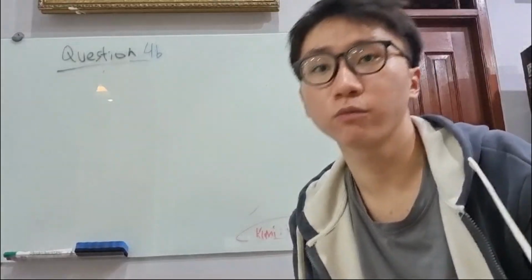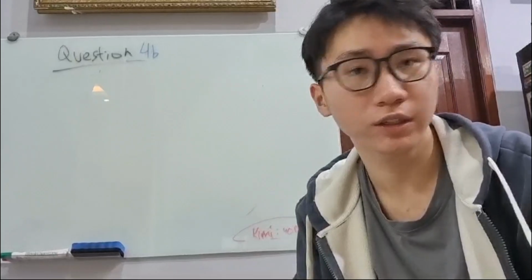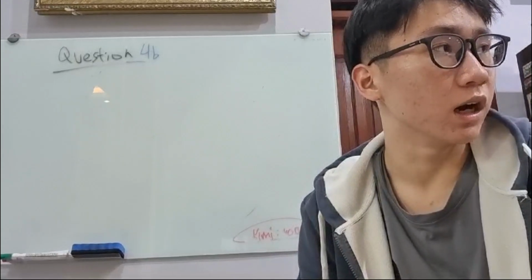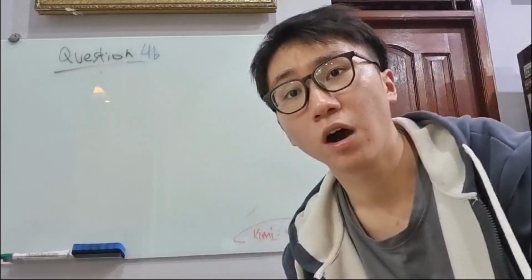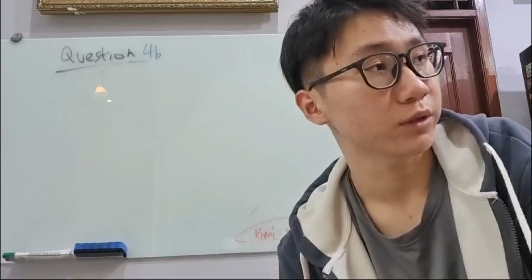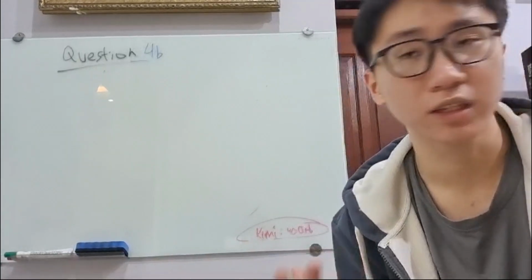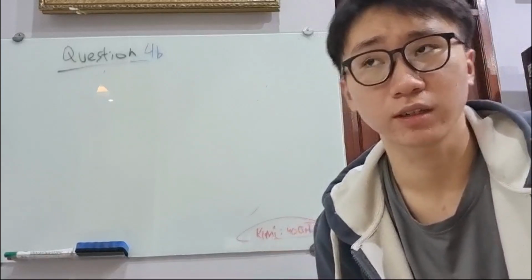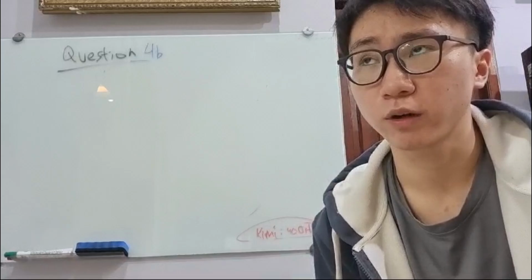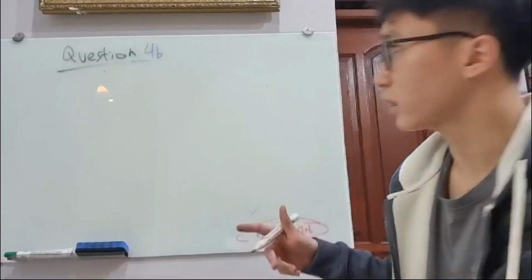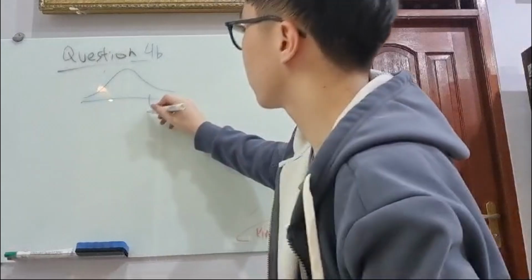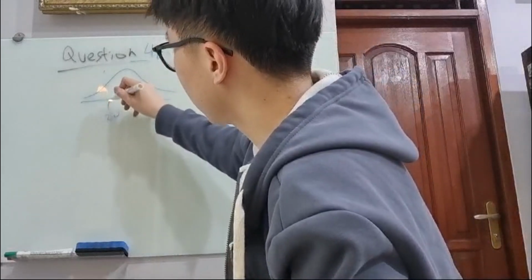Now for 4B, we still use the same question, which is the number of defective light bulbs following a Poisson distribution with lambda 25, but this time it's inclusive of 20 and 30, so between 20 and 30. Just like the question in question 2, we just need to use logic. Between 20 and 30, if we draw the normal distribution graph, 30 will be here and 20 will be here, right?